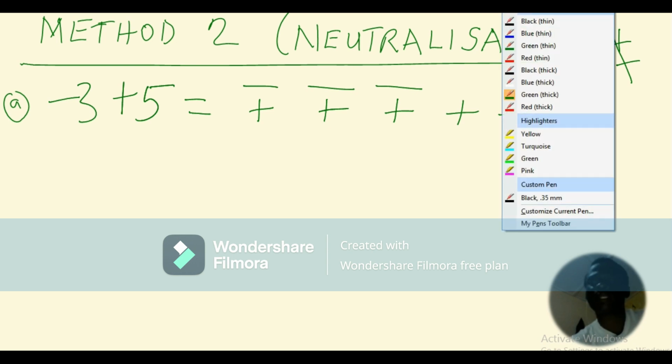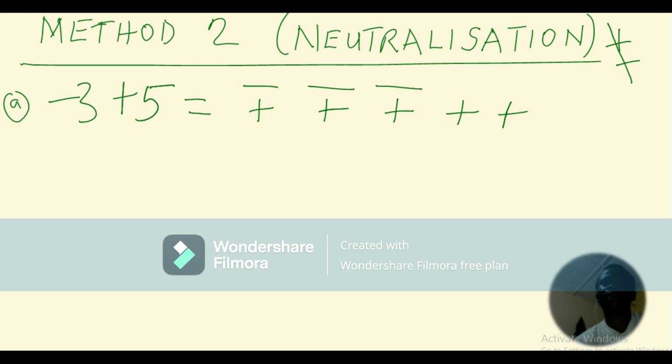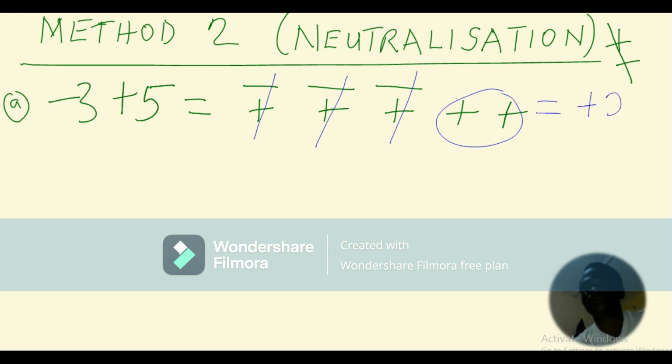Don't forget that I said earlier that a positive has the power to neutralize a negative. So this cancels this, this neutralizes this, and then overall I've got 2 positive signs, and that gives us +2 as my final answer.